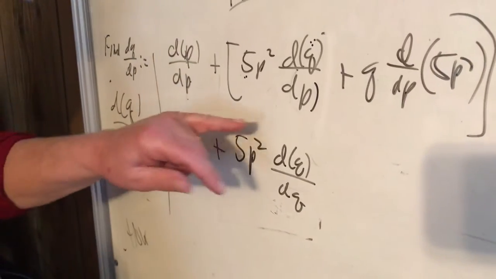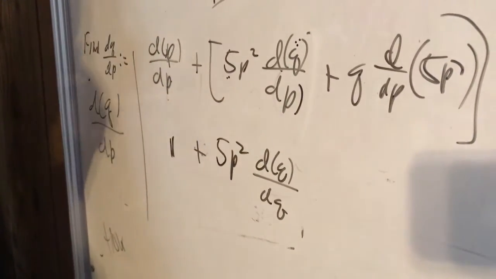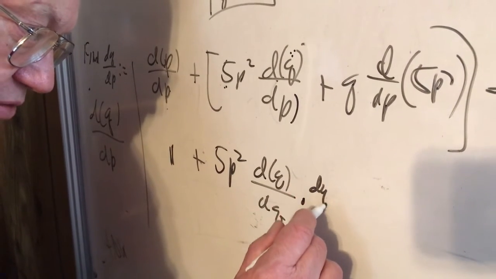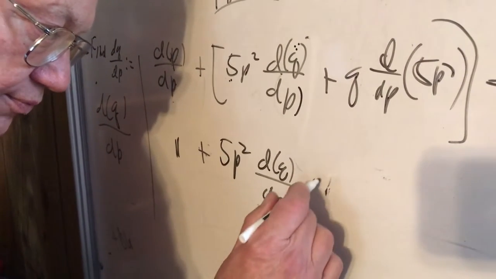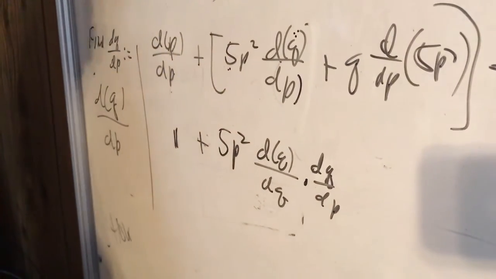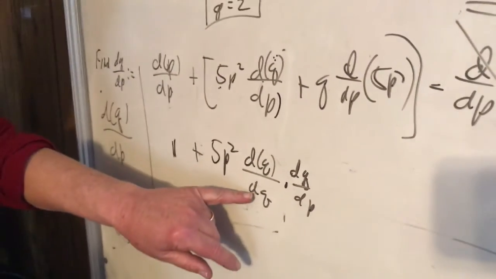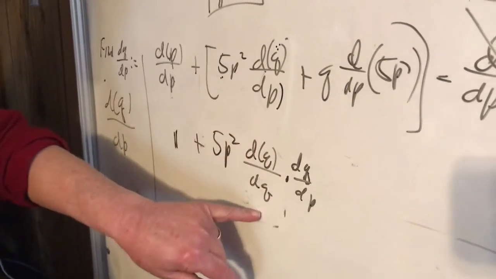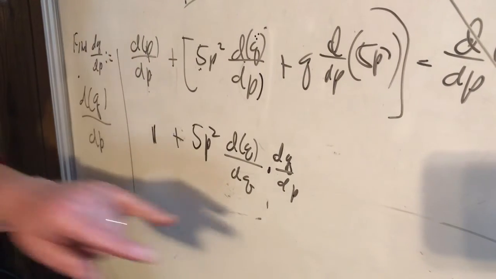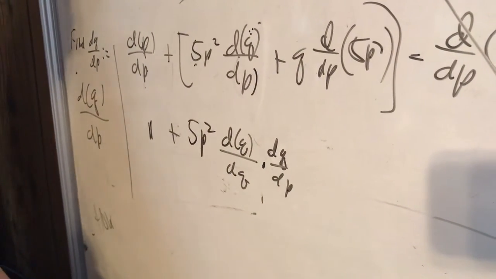But now I've unbalanced this term. In order to balance it, I multiply times dq/dP. So really, I haven't done anything because the dq's cancel. But that's what I want to find. So implicitly, I put the dq/dP there.